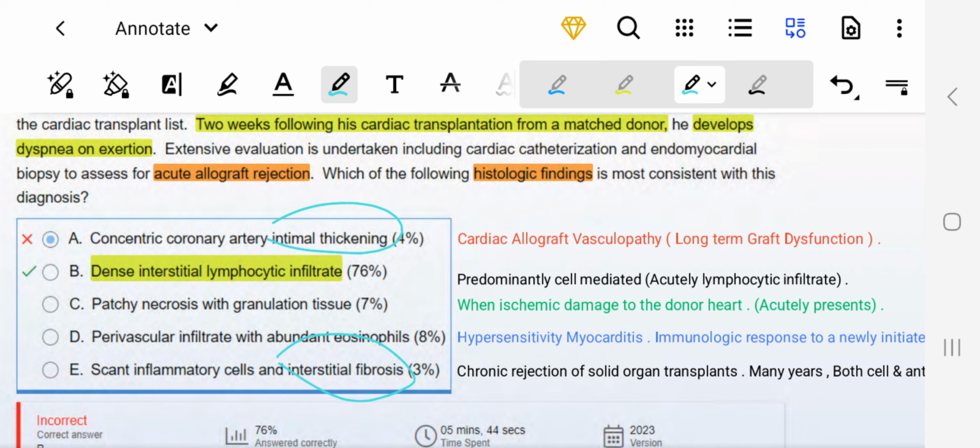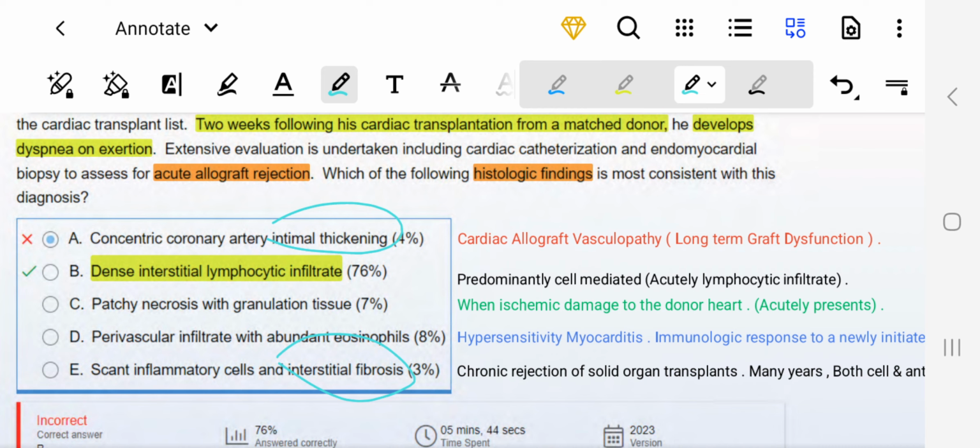When there is ischemia of the donor heart, when the donor heart is transplanted to the recipient, whenever ischemia occurs, it will present with patchy necrosis with granulation tissue. It can also present acutely, right? So it is also presented acutely.